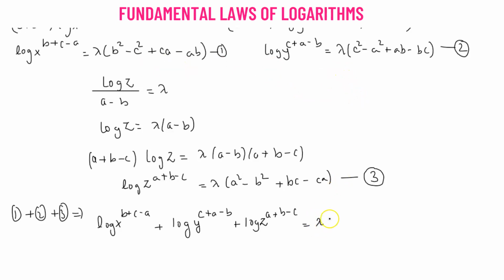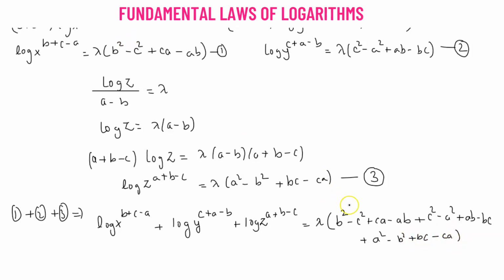We have lambda as a common factor, so we'll take lambda common. This is multiplied to b squared minus c squared plus ca minus ab plus c squared minus a squared plus ab minus bc plus a squared minus b squared plus bc minus ca.